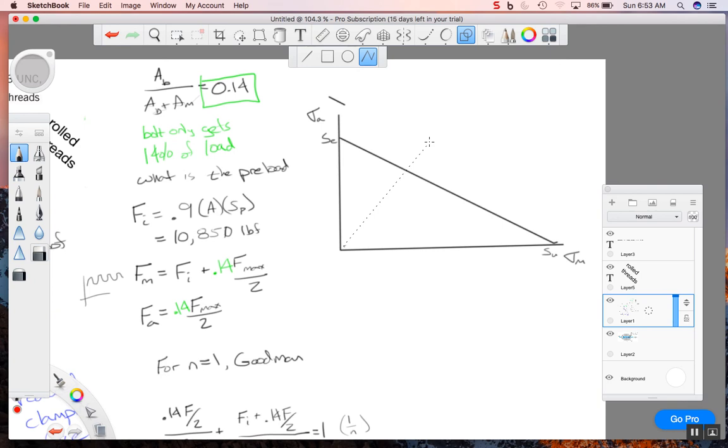So I was operating at about here. This is no preload. But when I added a big pre-tension, I actually operate way over here, and so I can get the same amount of life.